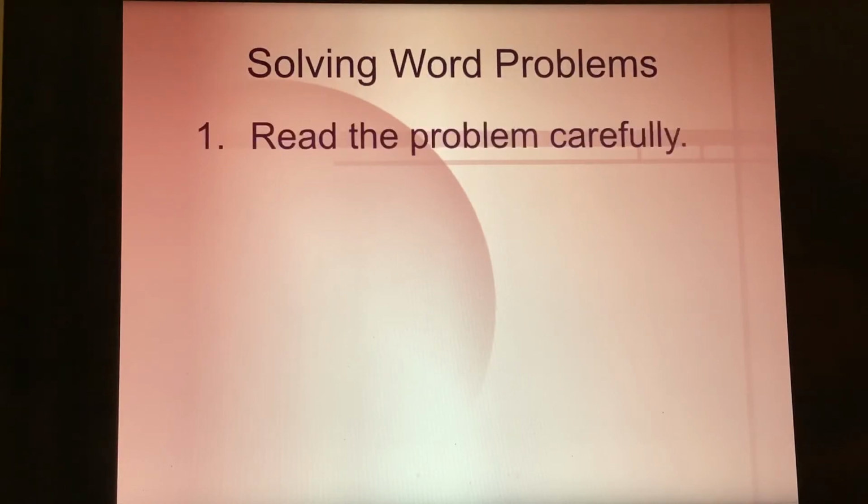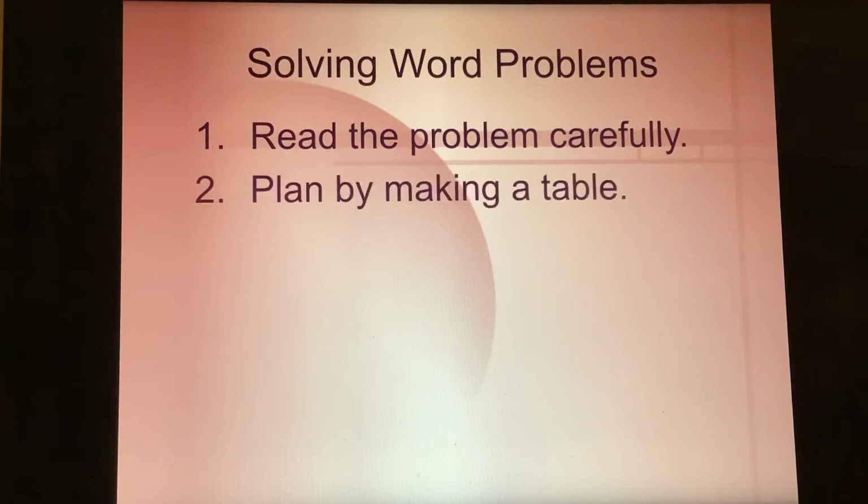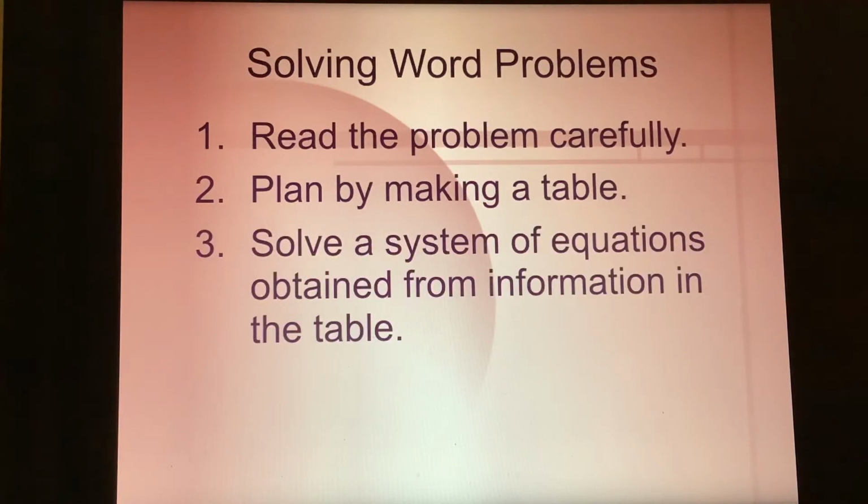When you're solving word problems, of course, we want to read the word problems very carefully. Plan by making a table. We made tables in the last section, and you're going to want to make a table again. Then you solve a system of equations obtained from information in the table.